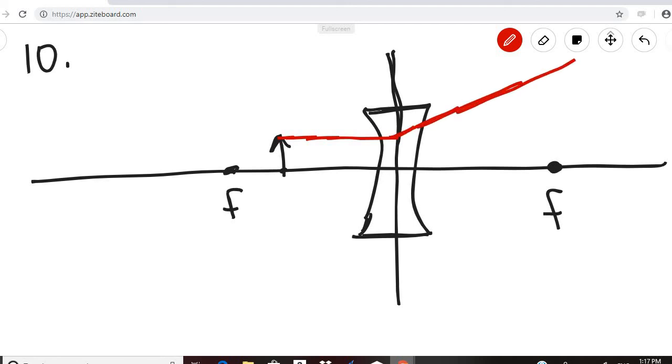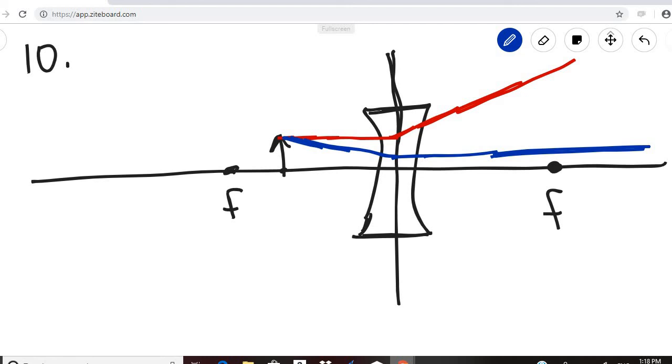Okay, and then the other line is heading toward that focal point over there, and when it reaches the center of the lens, it is going to diverge out horizontally.